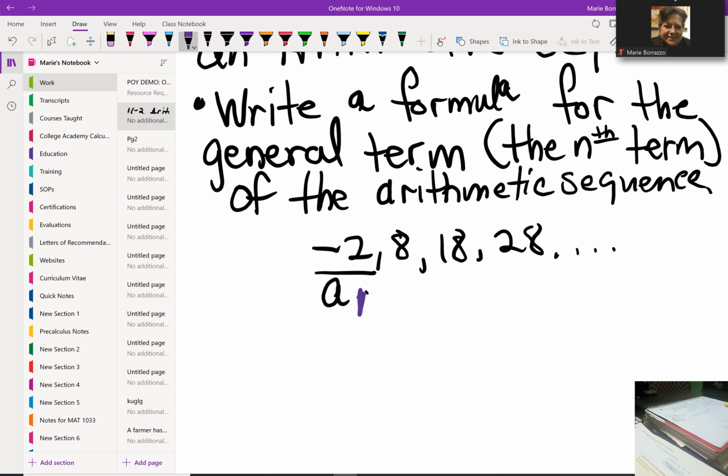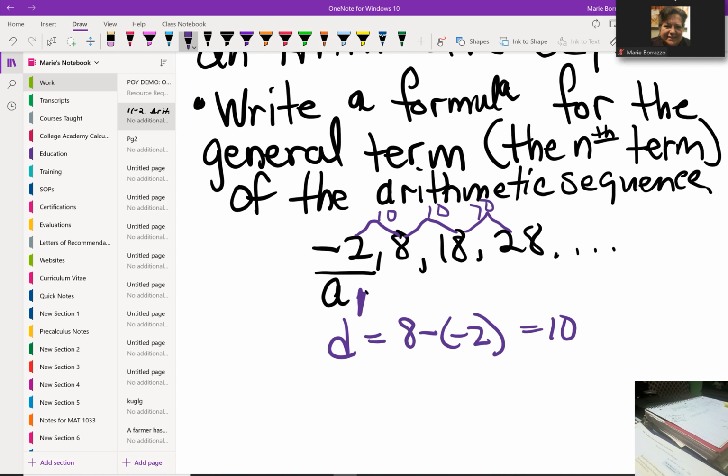We also know that if I look for the common difference, that is going to be equivalent to 8 minus negative 2. So it looks like this is 10. If I go from here to here, I jump 10 units. And if I go from 8 to 18, I've jumped 10 units. And if I go from 18 to 28, I've jumped 10 units. So it looks like 10 is our common difference.